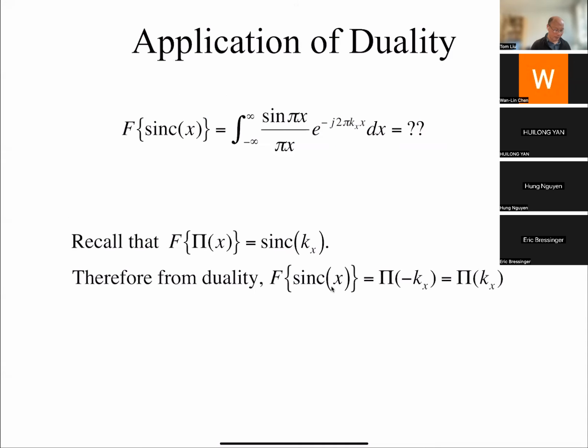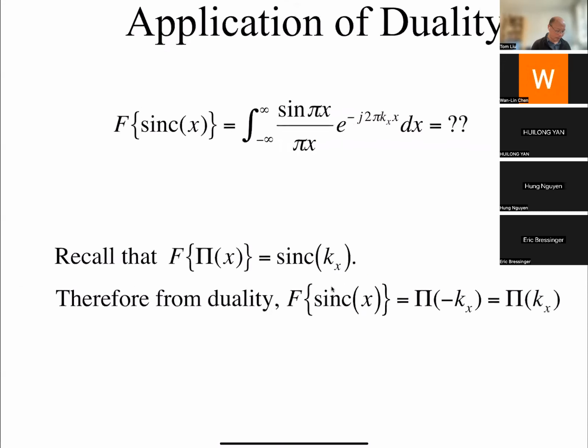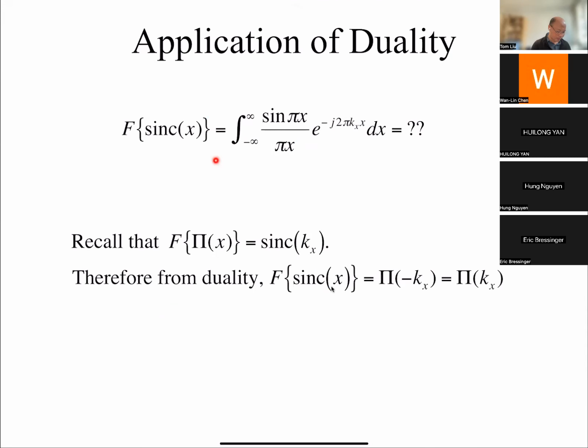So where duality comes in really importantly is, for example, the Fourier transform of a sinc function, which if you had to evaluate would take you some time to do, right? But you can use duality to recall that the Fourier transform of rect equals a sinc function. So therefore, we know the Fourier transform of a sinc function just equals rect of minus kx.